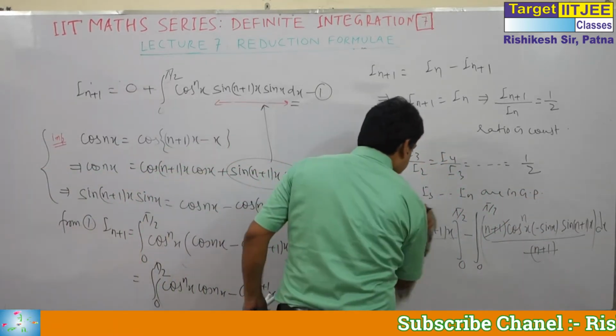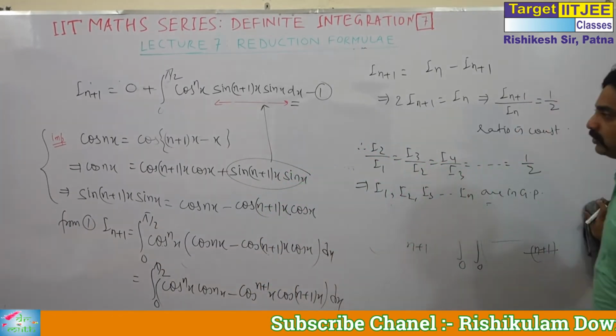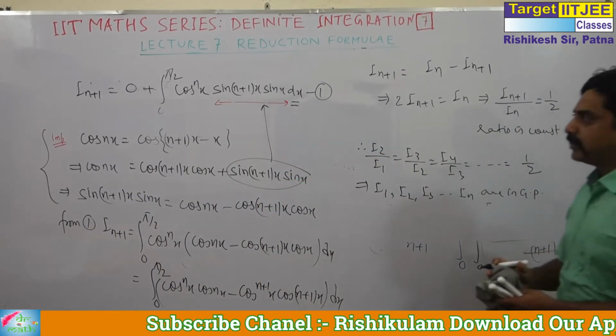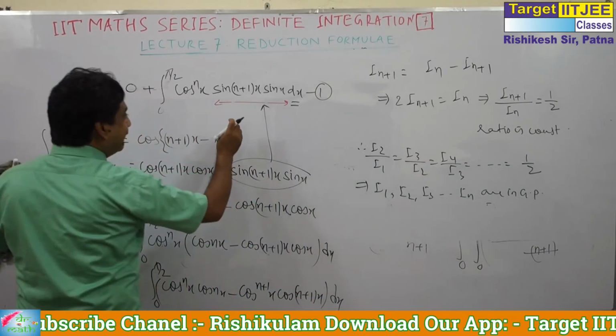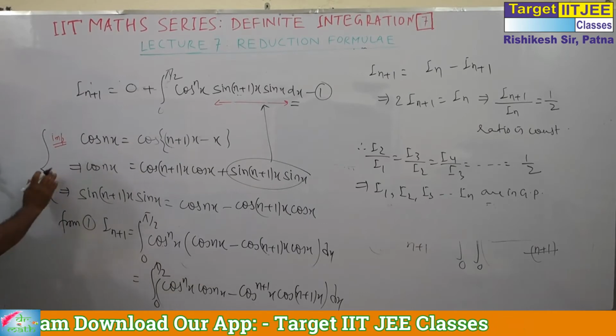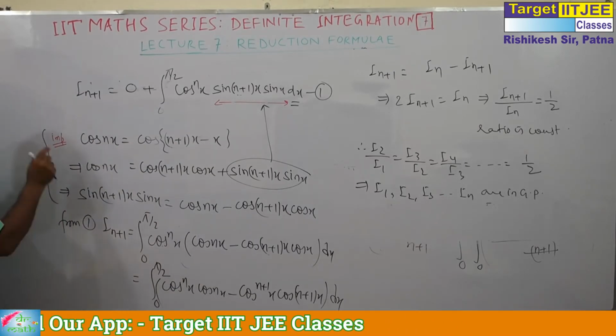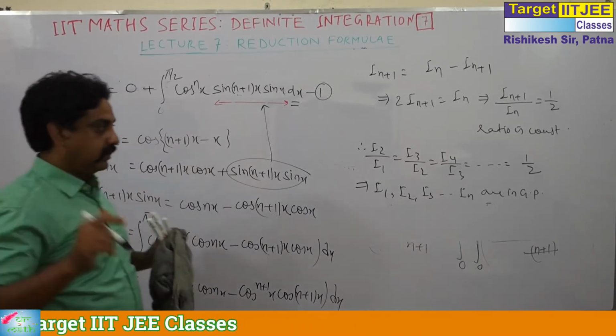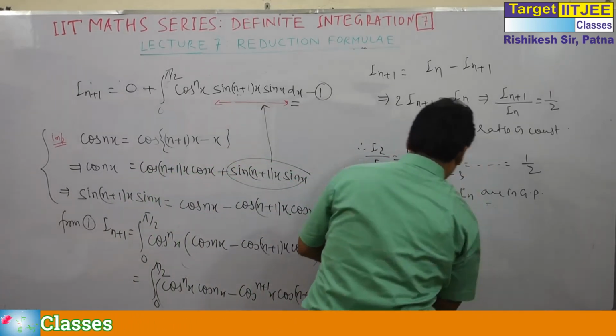I think you can get it. I think this is important: how we change this sign in cos using this formula. I have already marked it here. This is very important.